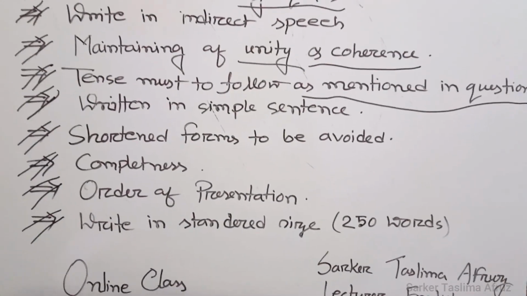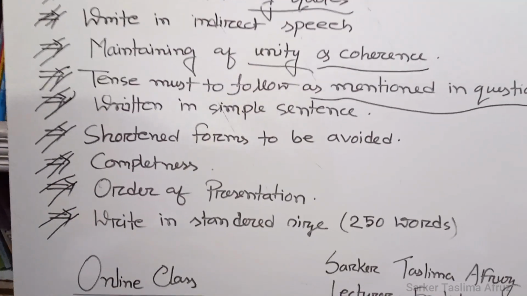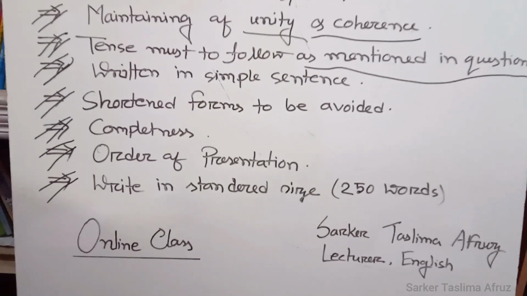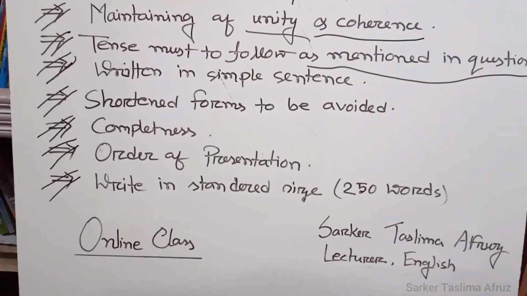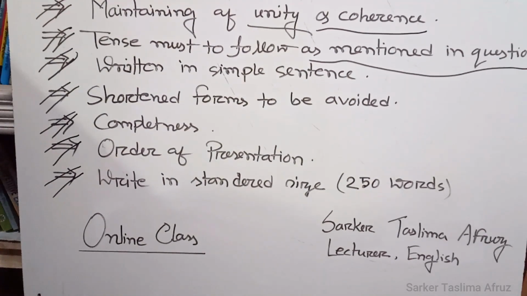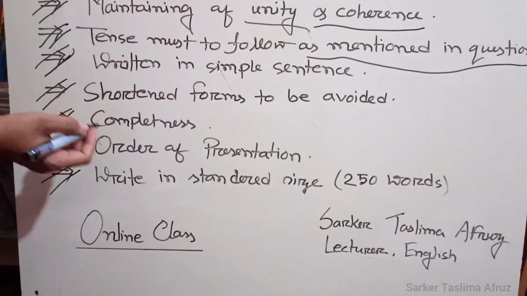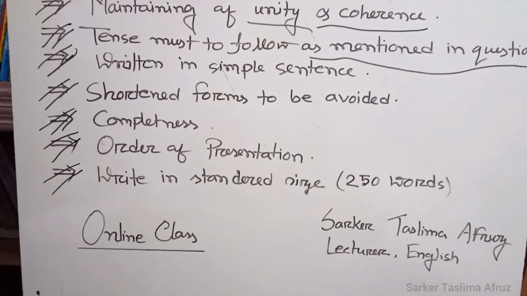Next comes shortened forms to be avoided. Yes, dear students, suppose you want to write "do not". In that case, you are not permitted to write "don't" or "cannot" or "didn't", like this. You have to write in full form. Next, completeness. Completeness is very important.